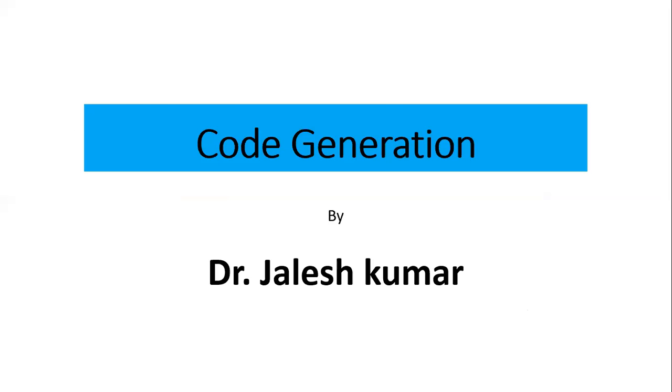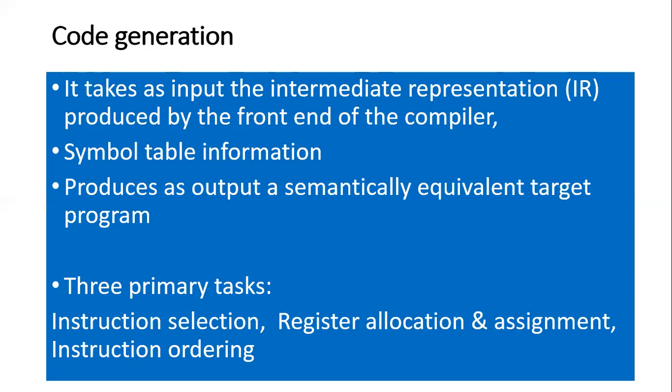Now, when we are considering code generation, it takes as input the intermediate representation produced by the front end of the compiler, along with symbol table information, because finally when we are generating the code, the meaning of these tokens and all these things are stored in the symbol table, that is required, and it produces as output a semantically equivalent target program.